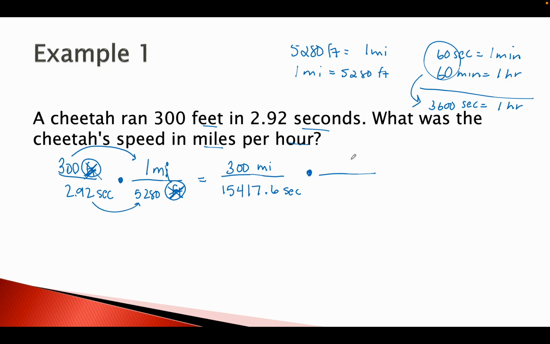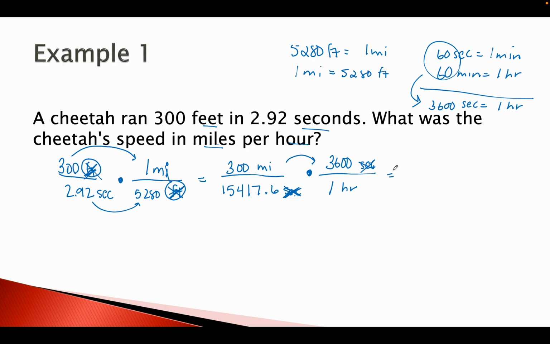So now we need to figure out where to put seconds so that I can cancel out my seconds. Since seconds are on the bottom, our 3,600 seconds is going to be on the top, so that seconds and seconds will cancel out. On the bottom, we have 1 hour. And now we're going to multiply straight across.